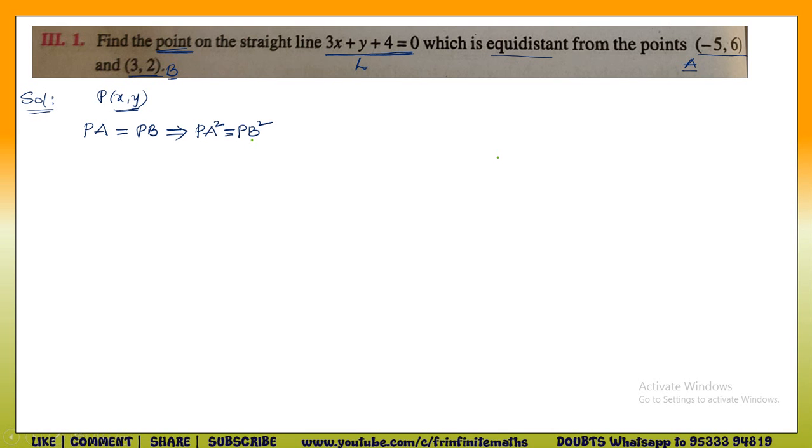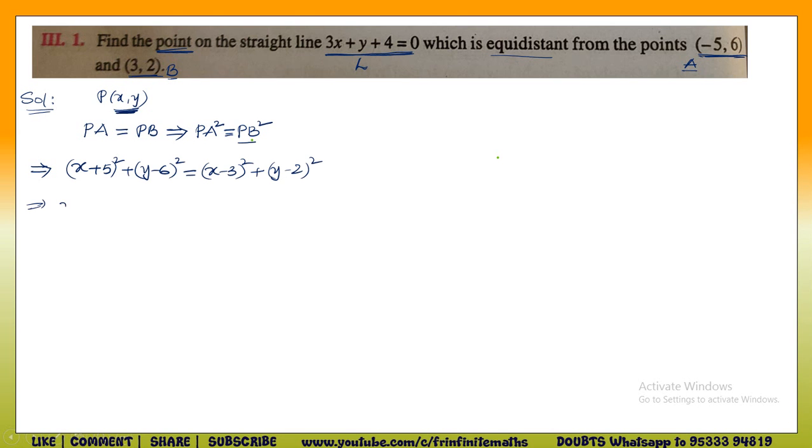The distance from point P to point A gives x minus of minus 5, which is x plus 5 whole square, plus y minus 6 whole square, which is equal to PB square: x minus 3 whole square plus y minus 2 whole square.